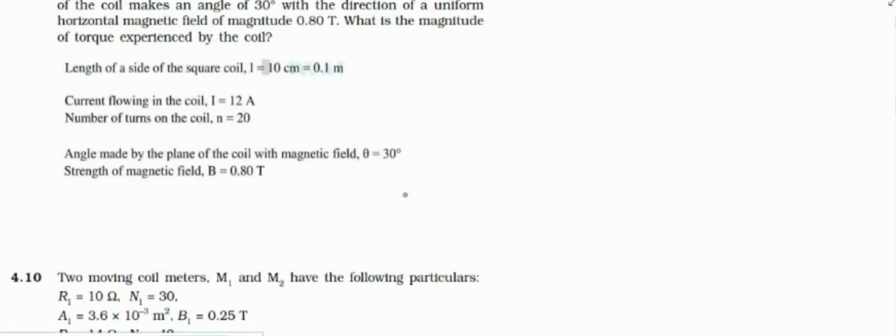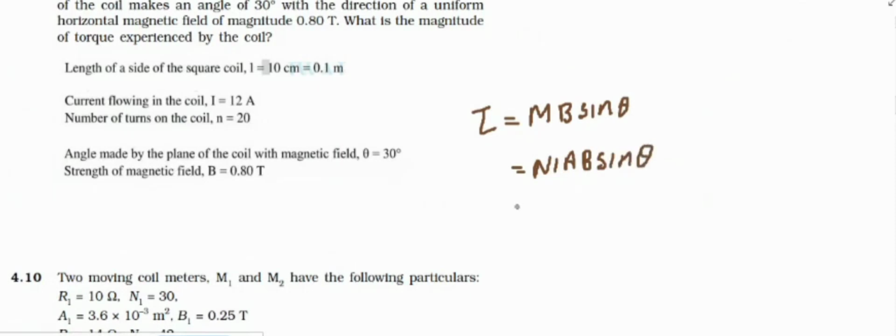The torque formula: torque is equal to M B sine theta, and magnetic moment M is equal to N I A. So you will get N I A B sine theta, and all the quantities are there. Substitute and find the answer.